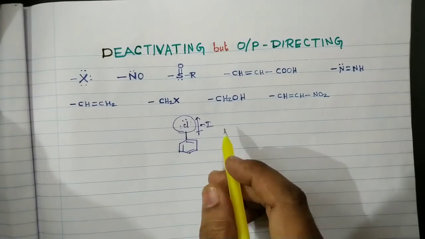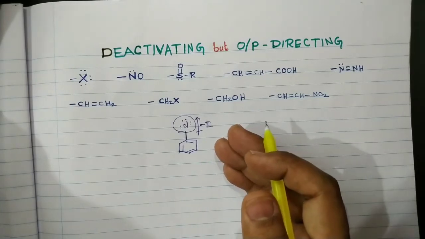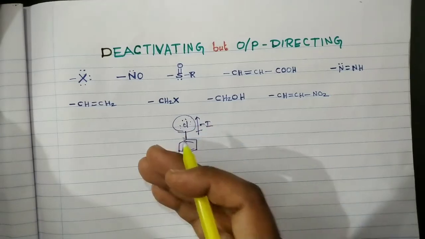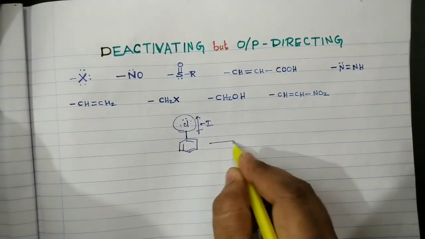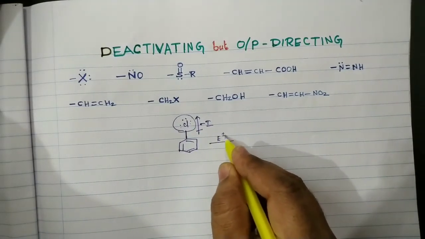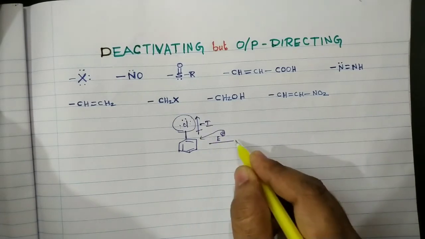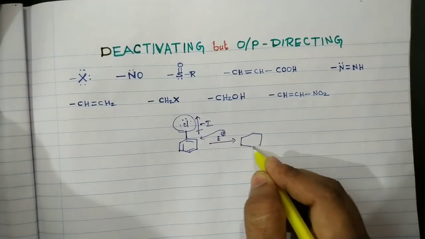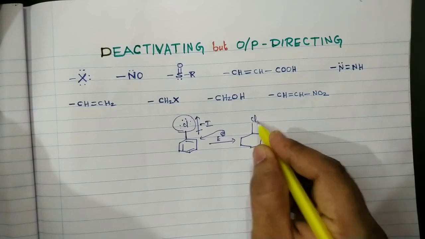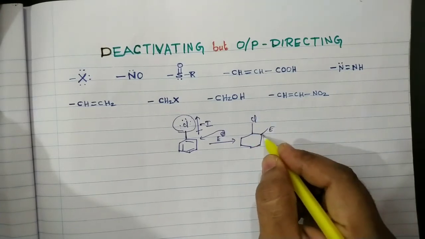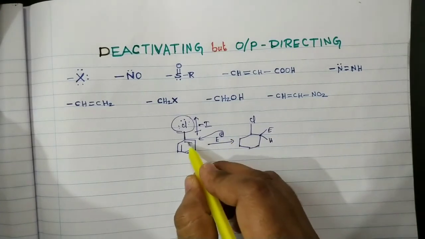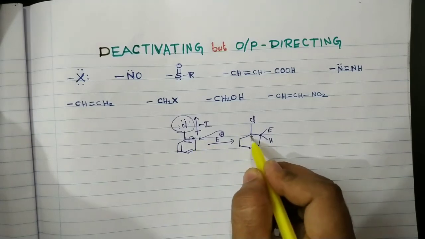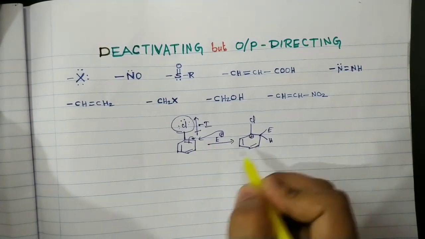Now how is it explained that it is an ortho-para directing group? First, suppose initially the electrophile attacks on the ortho position. This is the sigma complex actually. Cl, here electron, here hydrogen, and this carbon carries a positive charge, and these two pi bonds.